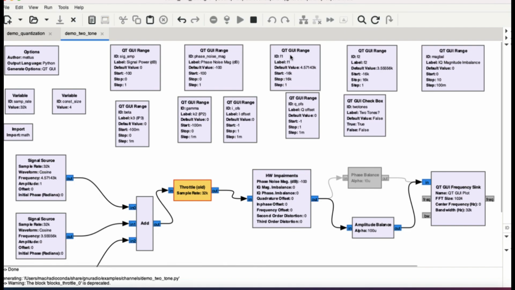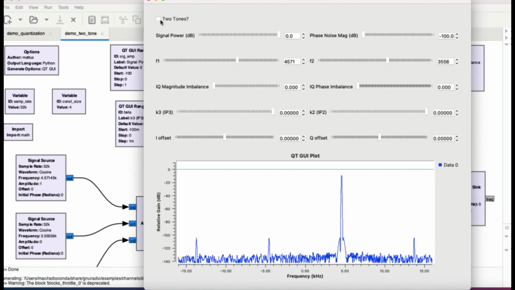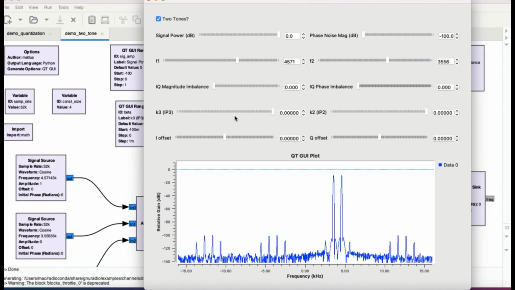Just give me a minute. Let's run this quickly and add two-tone. By introducing this, what this IQ does is introduce something called DC leakage. The cause could be a component mismatch or LO leakage, and it could also cause second order distortion as well.